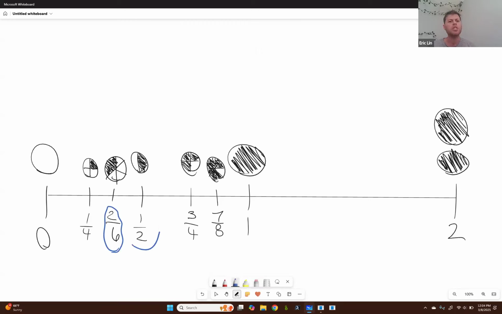2/6 is smaller than 1/2. The fraction 2/6 is smaller than the fraction 1/2. For fractions, it does not matter if the individual numbers are bigger or smaller.